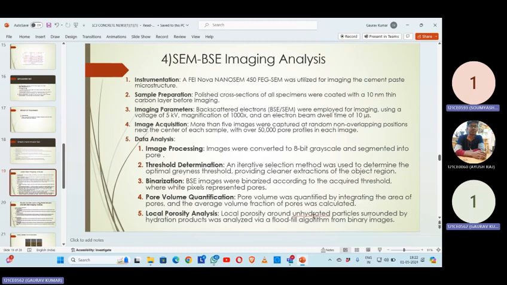Fourth is pore volume quantification. Pore volume was quantified by integrating the area of pores, and the average volume fraction of pores was calculated. Fifth is local porosity analysis. Local porosity around unhydrated particles surrounded by hydration products was analyzed by a flood fill algorithm from binary images. Next slide, please.